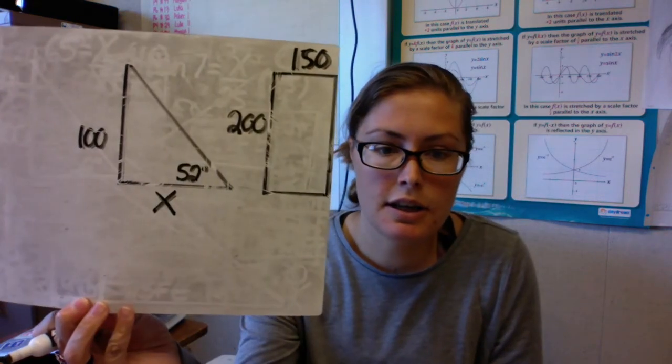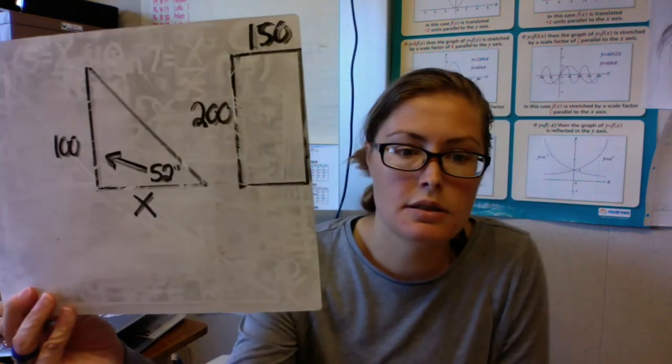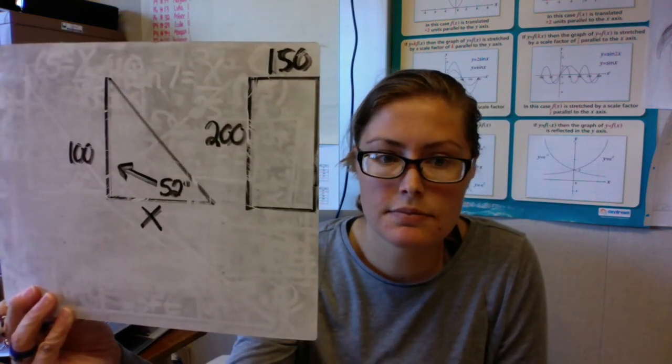So we want to find x. So we have the opposite and the adjacent, so we're going to use tangent. So the tangent of 52 is equal to 100 over x.